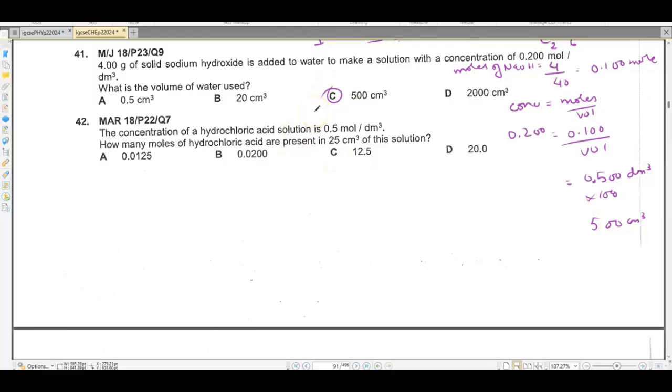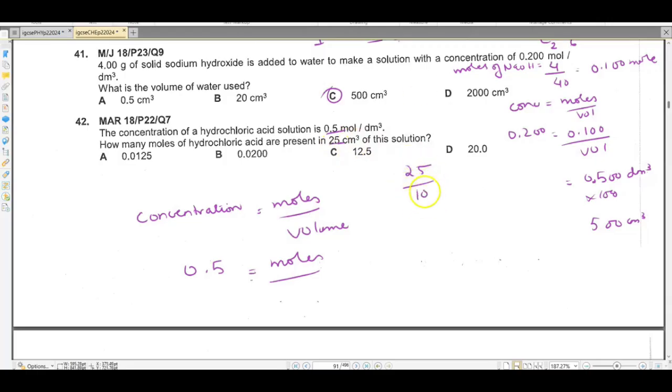Question number 42. The concentration of hydrochloric acid solution is 0.5 moles per decimeter cubes. How many moles of hydrochloric acid are present in 25 centimeter cubes of this solution? So we have the concentration and we have the volume and moles we have to find. We are going to use this formula. Mole per decimeter cube, moles, and the volume should also be in decimeter cubes, so we are going to divide 25 by 1000.